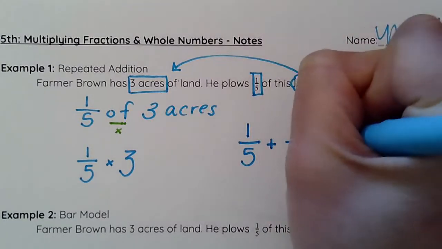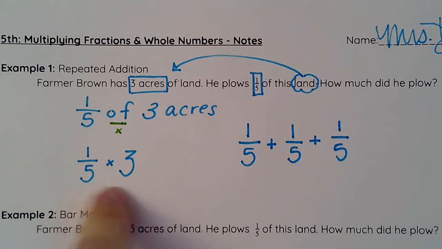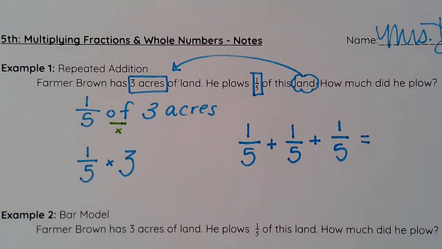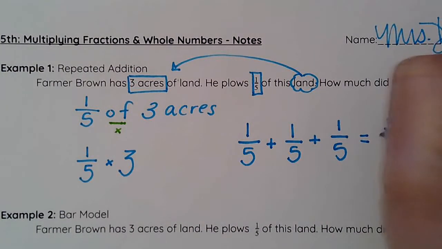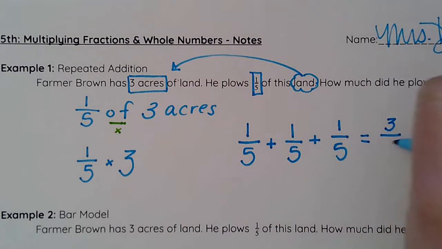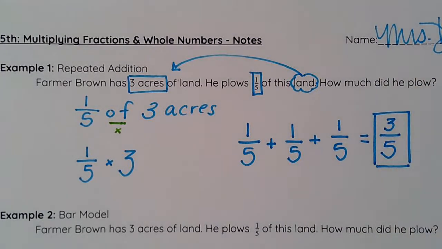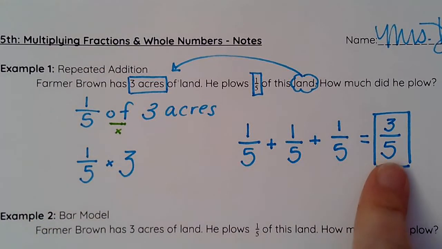I know with addition of fractions, I add together my numerators and my denominators stay the same. Therefore, 1/5 times 3 should equal 3/5.